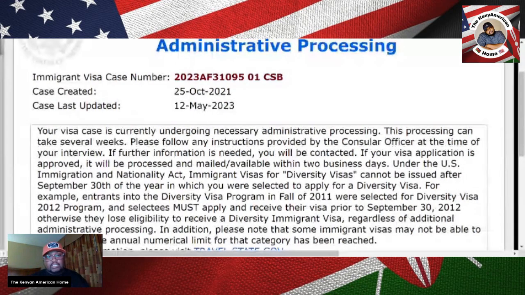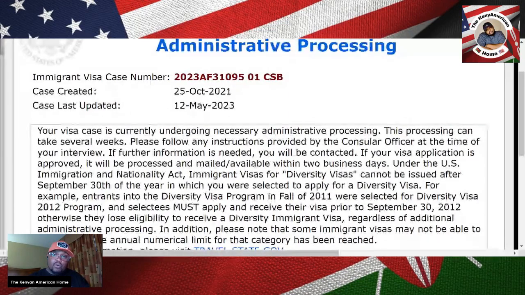Whatever the case, it's worse if you're put in administrative processing, what they call AP, when it's super close to September 30th, because you need to have gotten your visa by September 30th. So if September 30th hits, and October 1st, you're still in AP, unfortunately, you lose that opportunity to come to the US with your diversity visa.